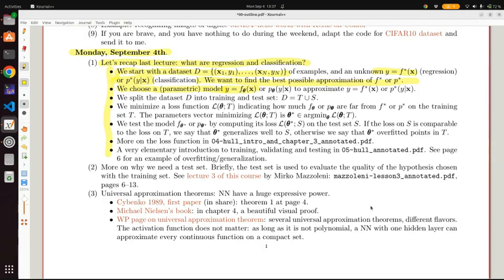This parameter lives in a high dimensional space. This theta is usually in a vector space of dimension d. And just to let you know, this number, the number of parameters, in the largest model existing as of today, can be also hundreds of billions.